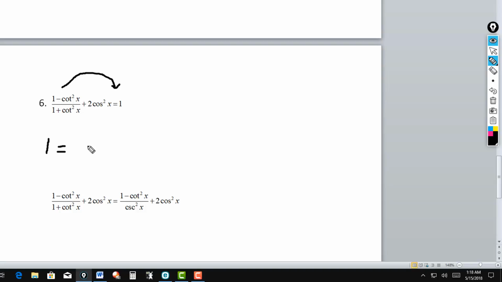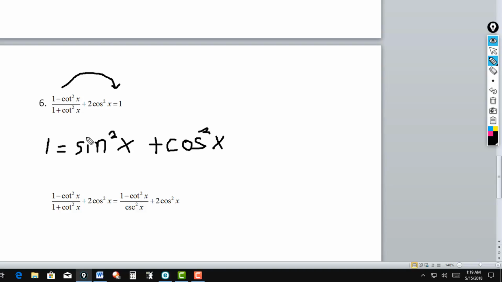So I start off then with 1 equals 2, and say, well, I know that 1 is the same thing as sine squared of x plus cosine squared of x.